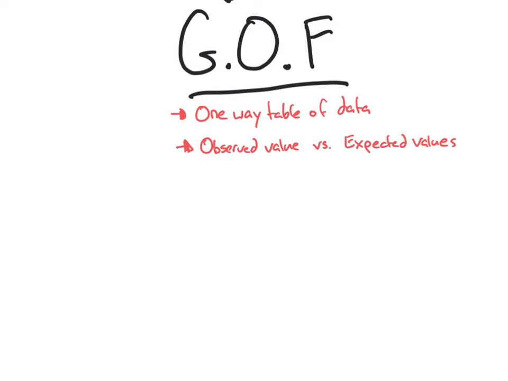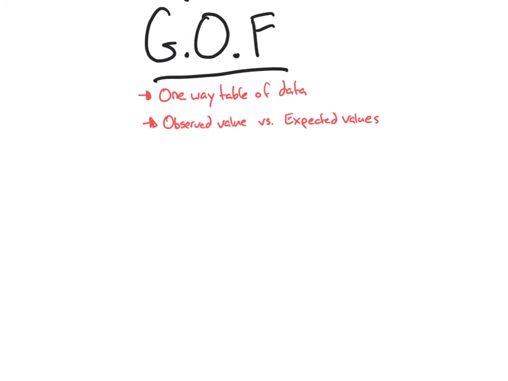So typically they just give you the table of data, but if they don't give you a table of data, they would expect you to be able to build that table of data. So it would look something like this, right? Where they would give you categories. Let's just call it A, B, C, D, E. They can give us as many categories as they want, right, of different things.